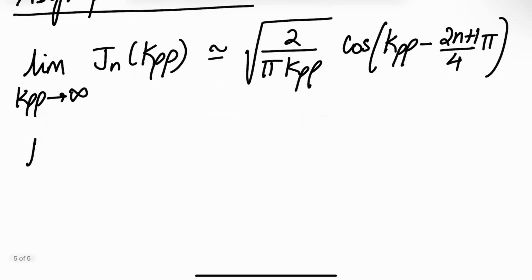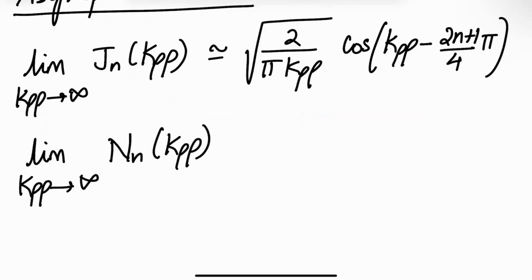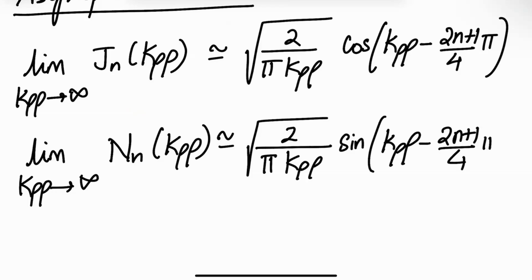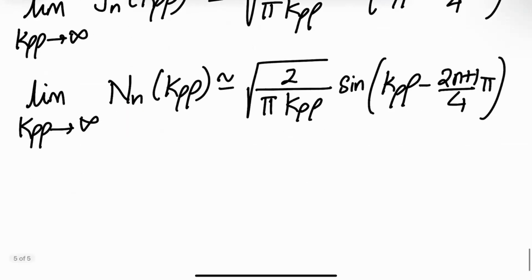Okay. Then you have limit k rho rho goes to infinity, N sub n of k rho rho is approximately equal to the square root of 2 over pi k rho rho times sine of k rho rho minus (2n plus 1) over 4 pi.